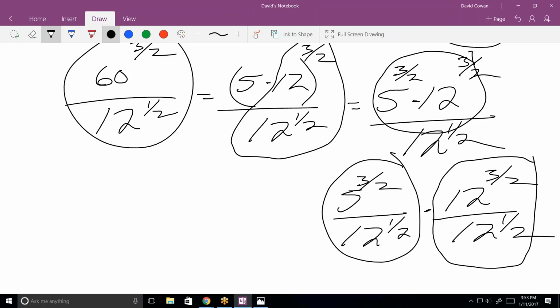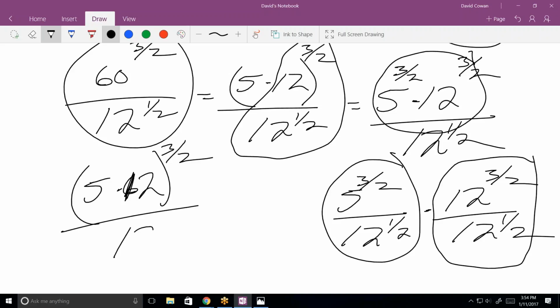In other words, what you're saying is that the 60 is 5 times 12 to the 3 halves. And now you're saying you can subtract the exponents. You can't really right away. The only way you can subtract the exponents is if the bases are the same. And 5 times 12 is not the same as 12.